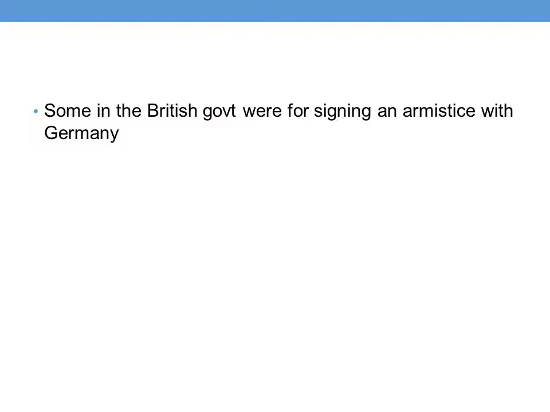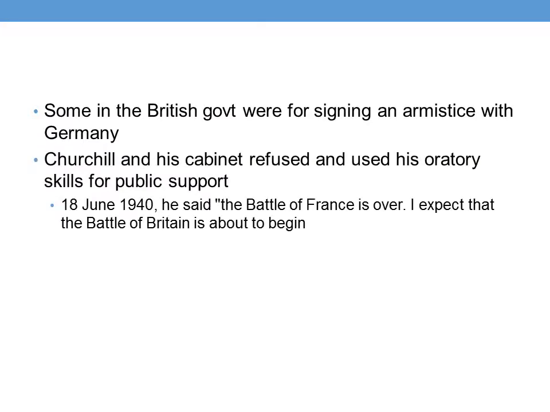They saw France, they saw that they were essentially alone, and so some people were up for signing an armistice and letting bygones be bygones. Churchill, on the other hand, kind of belligerent, was all like, oh, hell no, but in a British accent. His cabinet refused to sign this armistice, and so he goes to try to drum up public support to resist.